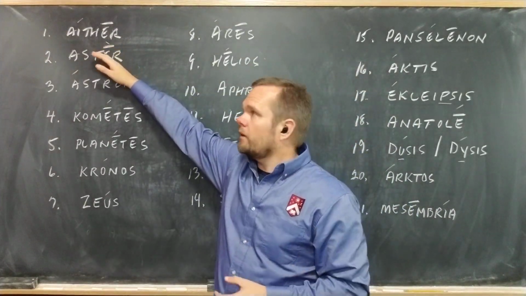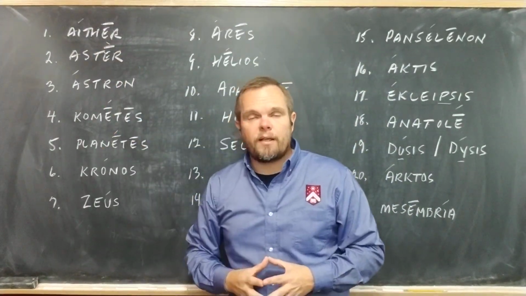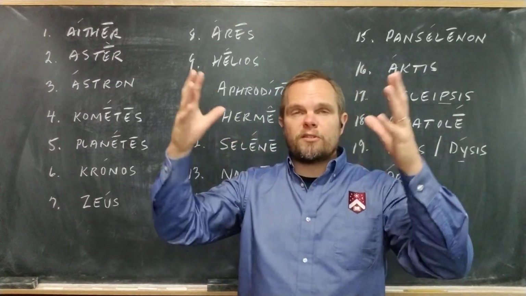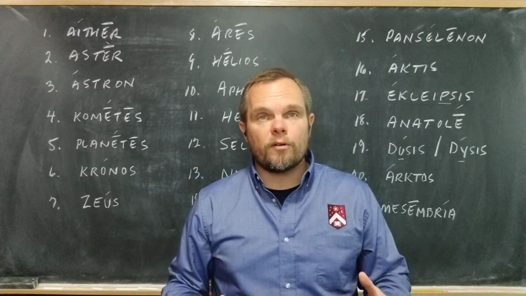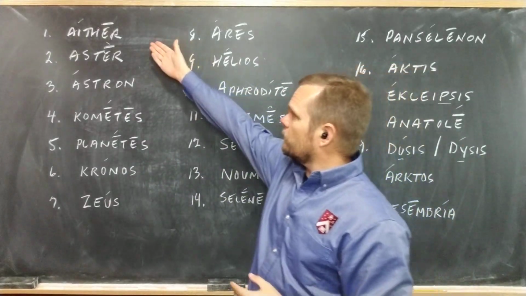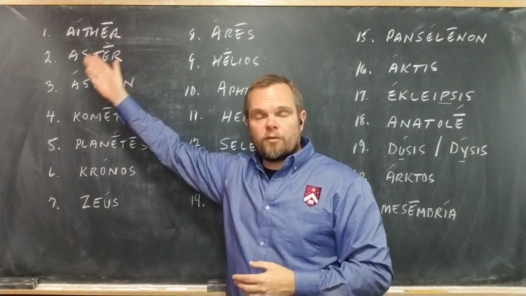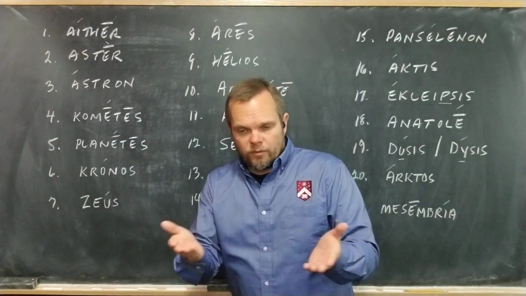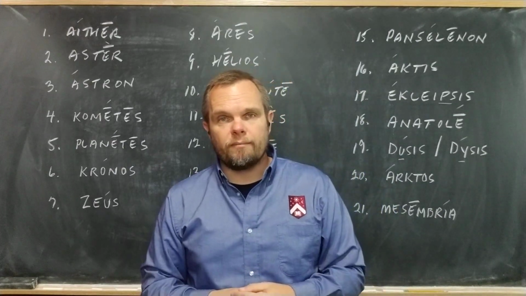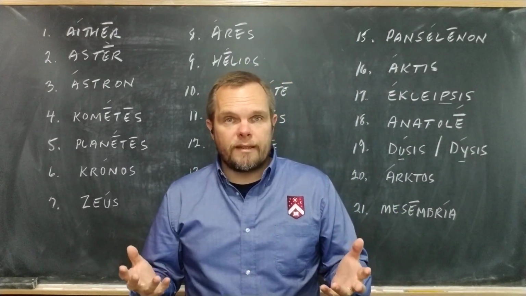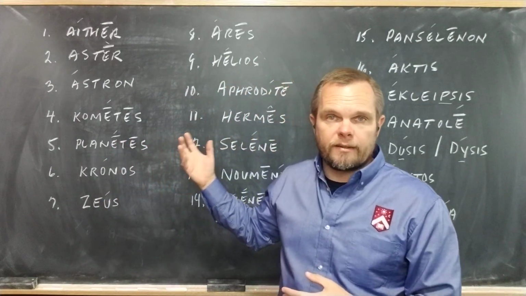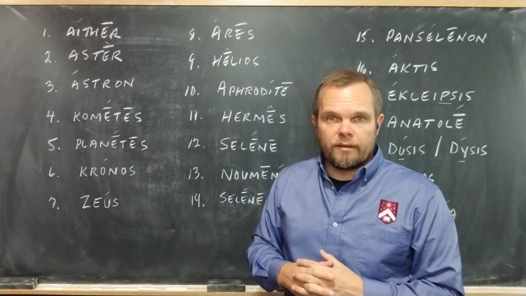For example, in English, there's a word ethereal, which means having to do with the sky, something that's not earthly. Ethereal comes from the Greek word aether. If you know the word aether and you come across the word ethereal in an English reading, you'll be able to make a good guess as to what that word means. And that's how the study of Latin and Greek helps build our English vocabulary.